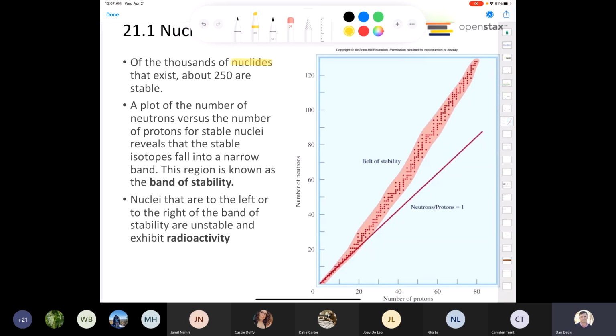If we do a plot of the number of neutrons on our y-axis versus the number of protons on our x-axis, we see that the stable isotopes fall into a narrow band called the belt of stability.